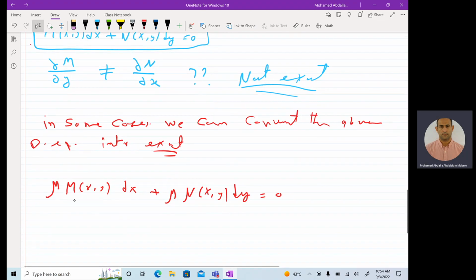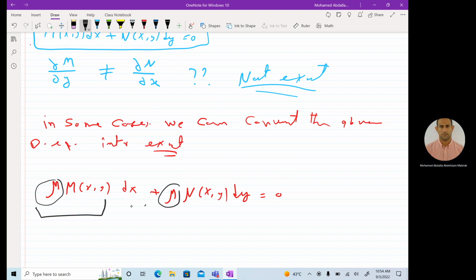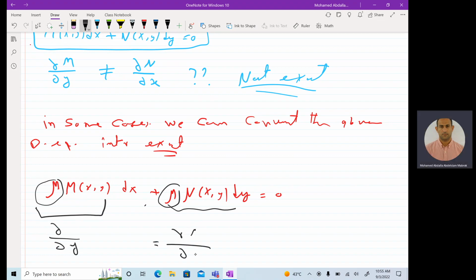This function, which we call the integrating factor, will make the partial derivative of this part with respect to y equal the partial derivative of the other part with respect to x, which turns it into exact.